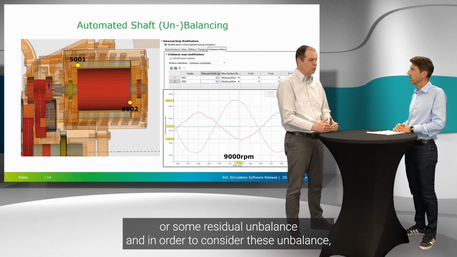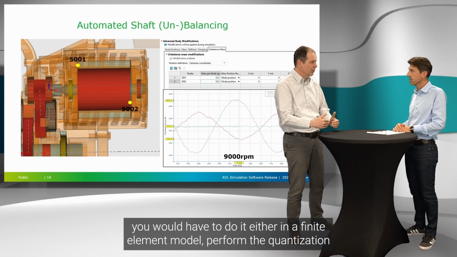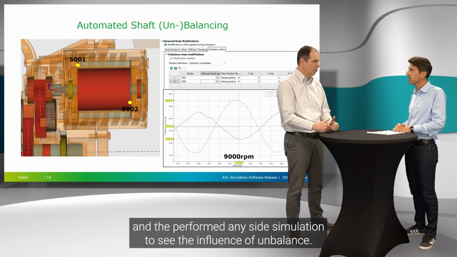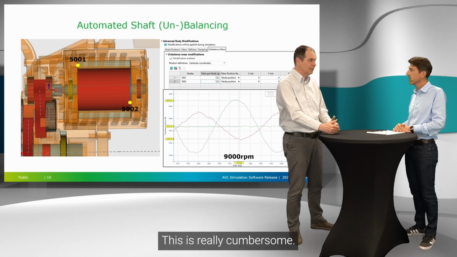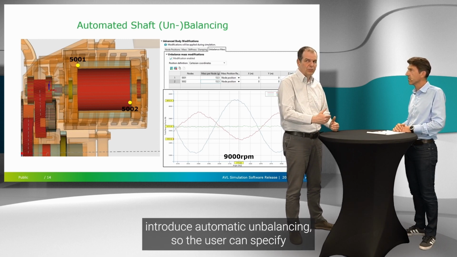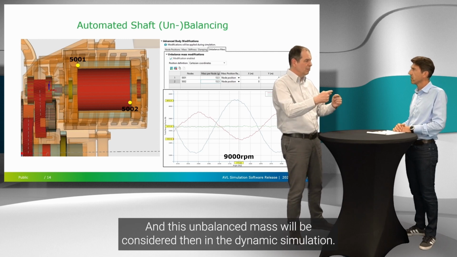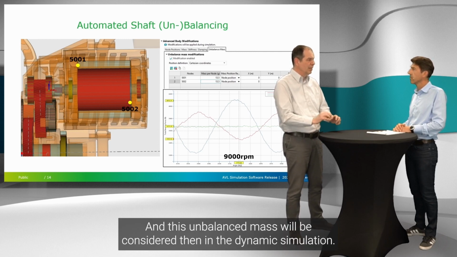And in order to consider this unbalance, you would have to do it either in the finite element model, perform the condensation, and perform then the EXCITE simulation to see the influence of unbalance. This is really cumbersome. And what we did here is to introduce automatic unbalancing, so the user can specify an unbalanced mass anywhere on the finite element model, and this unbalanced mass will be considered then in the dynamic simulation.